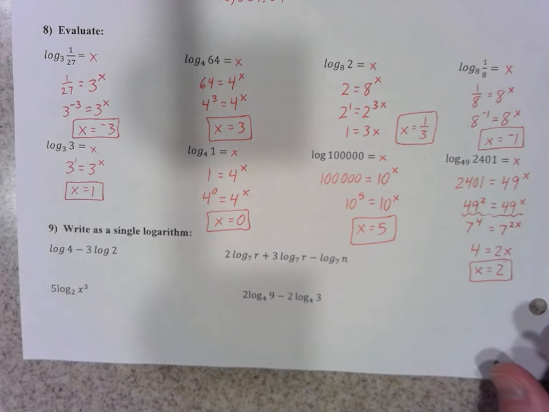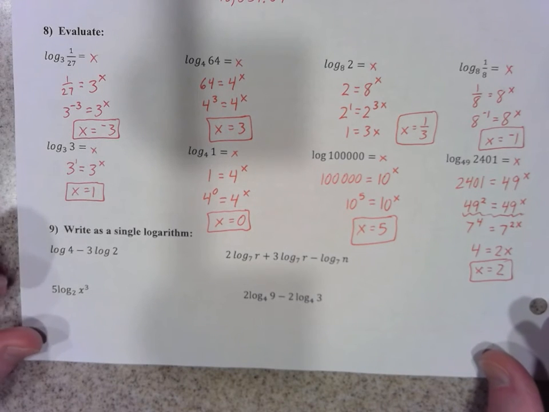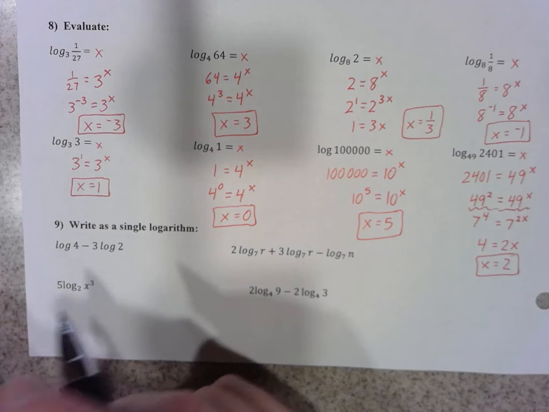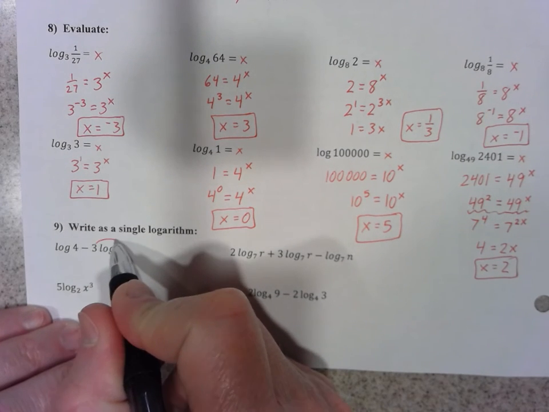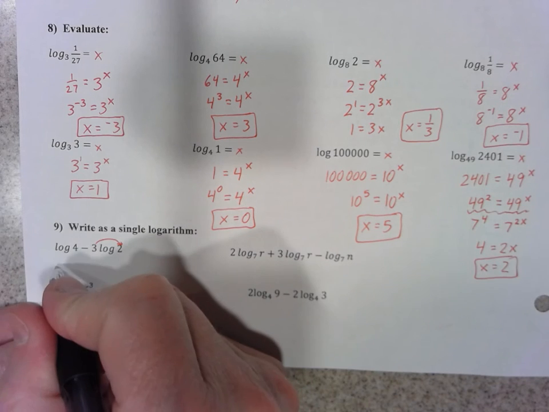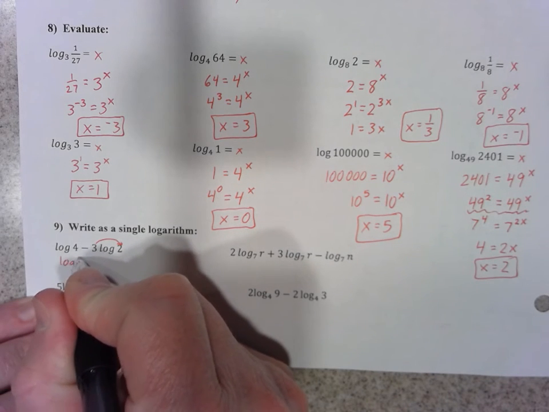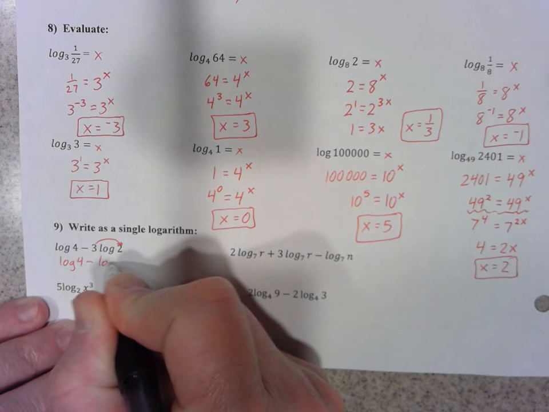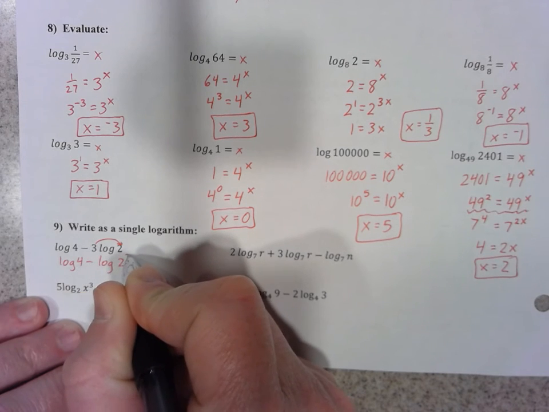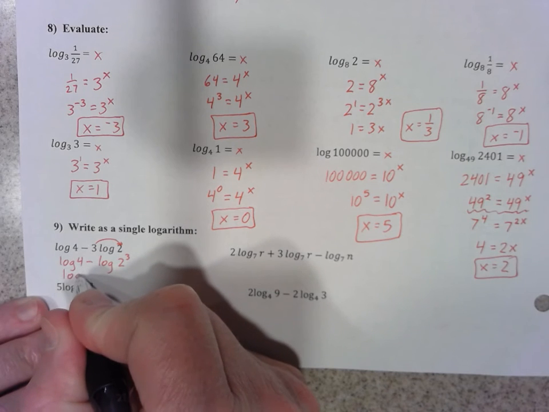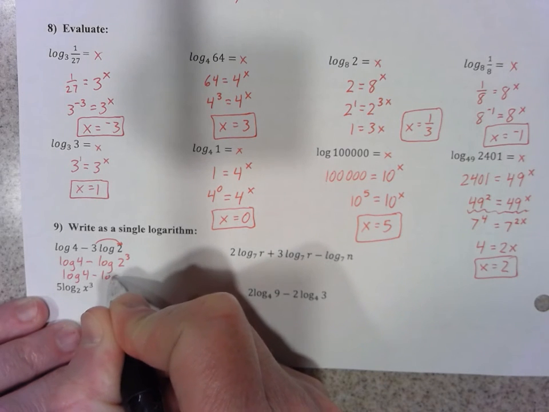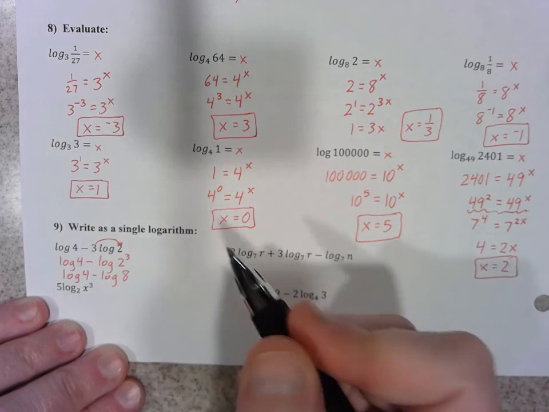Right, and the last section here, write as a single logarithm. So first step is to make sure there's no numbers in front of the log, so this 3 has to come back here as an exponent. So we get log of 4 minus log of 2 to the third power. Well, I know 2 to the third power is 8.